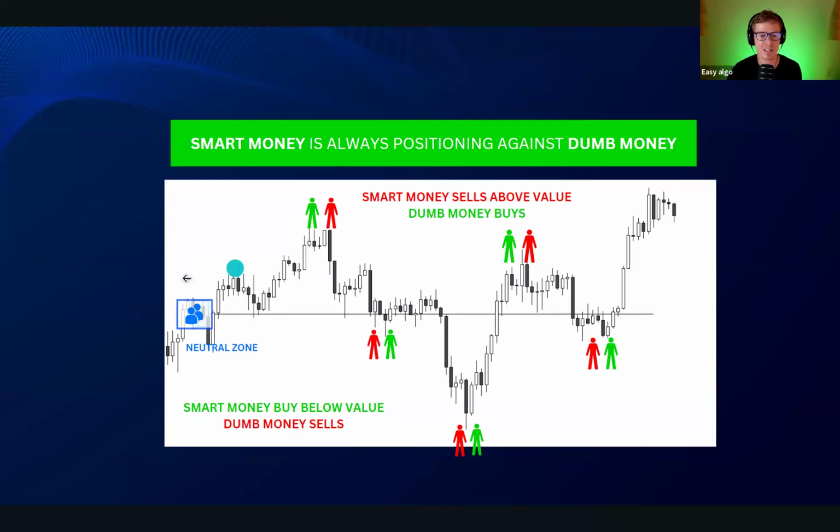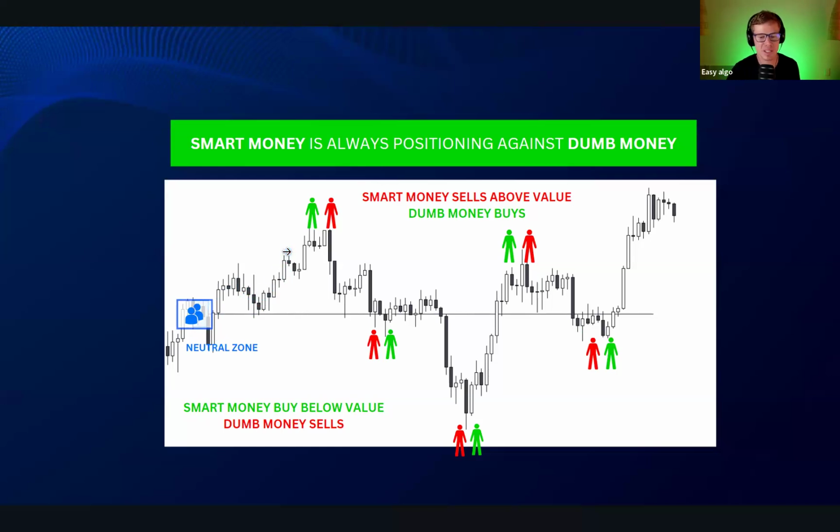But I'll give you an understanding of how this works. So this is the neutral zone. This is the contraction zone. This is the value line. And you can see price oscillates above, below, and above this value line. How it works is, as price gets above the value line, it will create these big green candles.